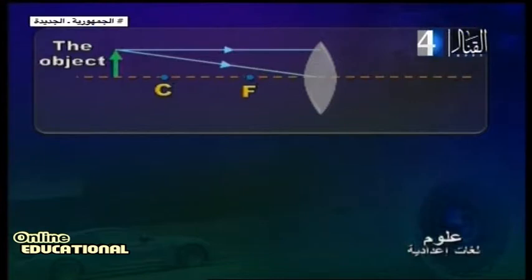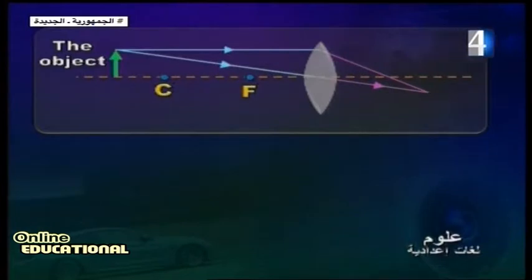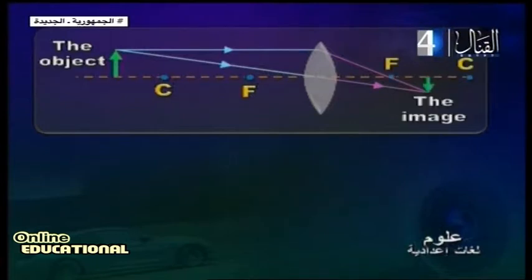How can we draw the image? Yes, of course, a light ray that falls parallel to the principal axis refracts through the focus. And a light ray that is passing through the optical center passes without refraction. So, at the point of intersection of these two rays, we will draw the image.